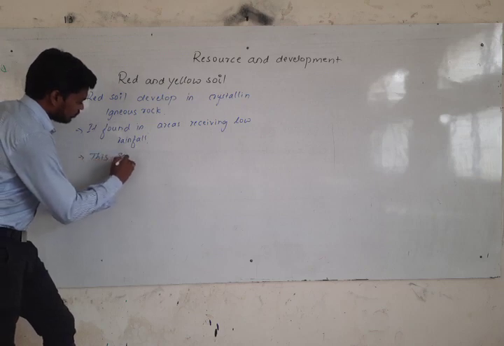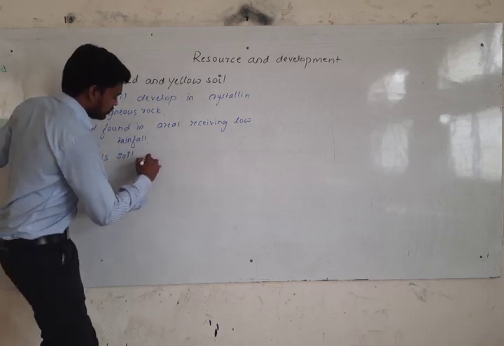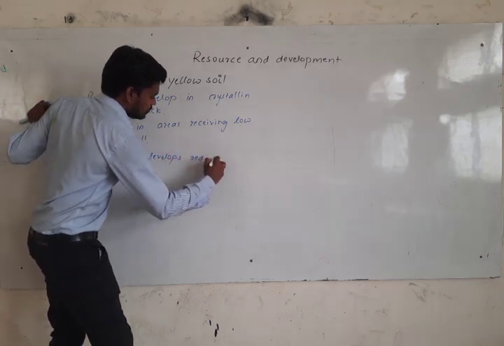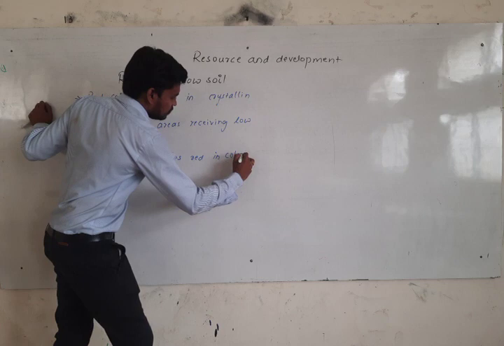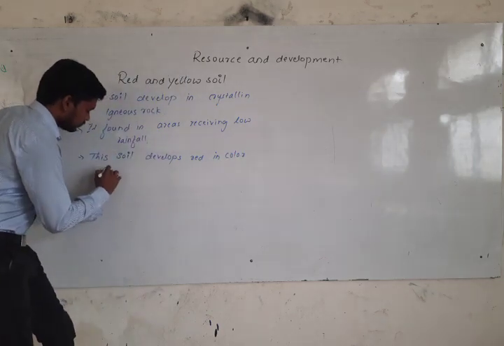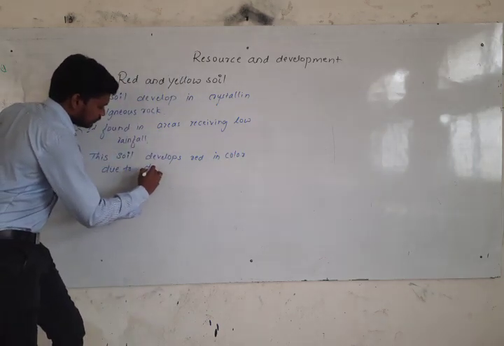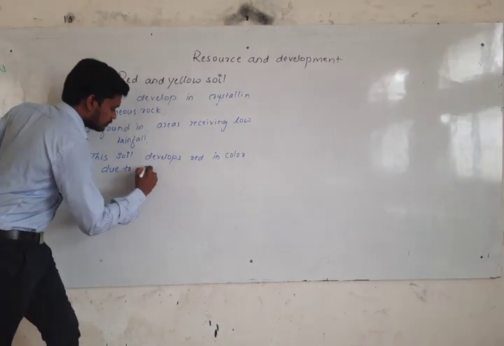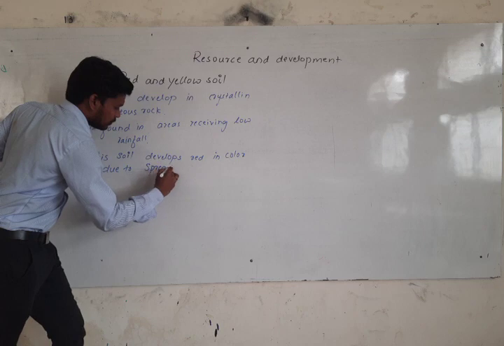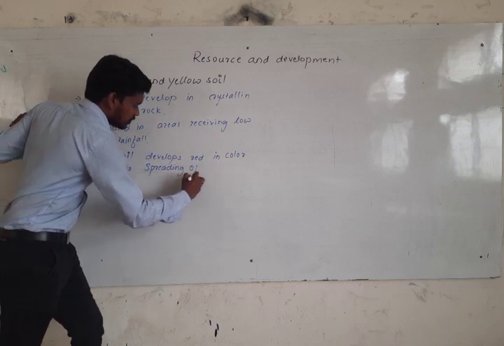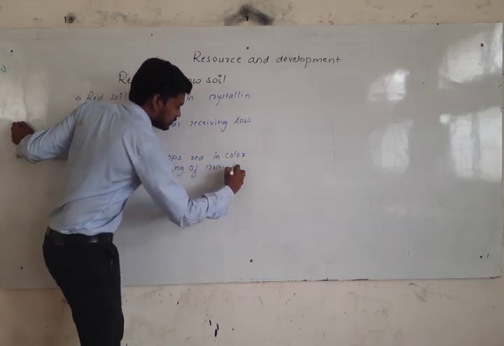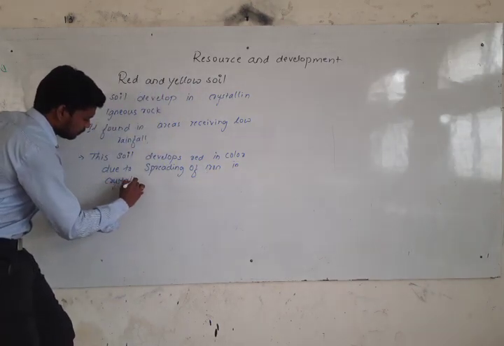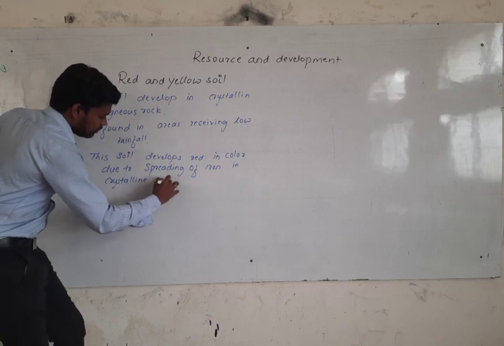This soil develops red in color due to diffusion, otherwise spreading of iron in crystalline and metamorphic rock.